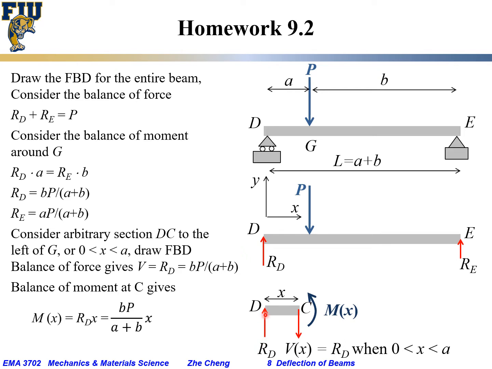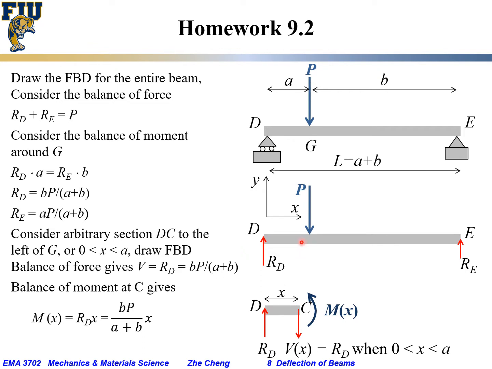Again, we have RD going upward, and then at this C cross section, to balance RD, we need an internal shear V. It's a function of x location, and this force pair is trying to rotate this piece clockwise. So as a result, at the C cross section, there must be an internal bending moment of M(x). So we are considering section DC, and this x from 0 to A, so to the left of this P.